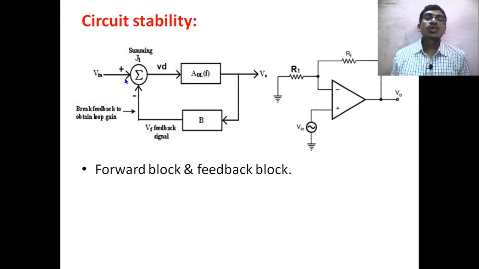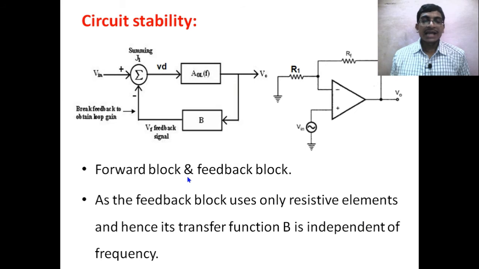The forward block is the amplifier section, which is the forward flow of the input to the output, Vi into the amplifier and the amplifier to the output. In the feedback section, from the output to the feedback section and the feedback section to the summer section or summing amplifier, this is called the reverse or feedback block. So, forward block and feedback block.